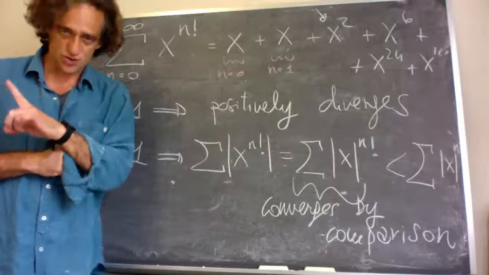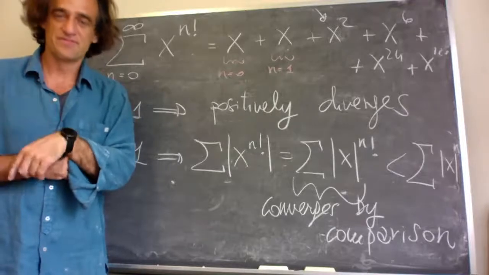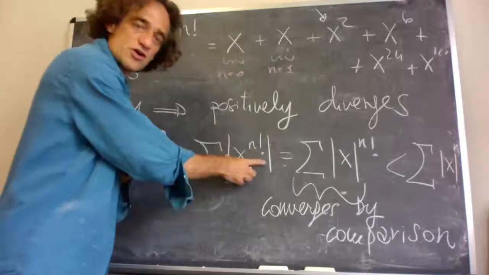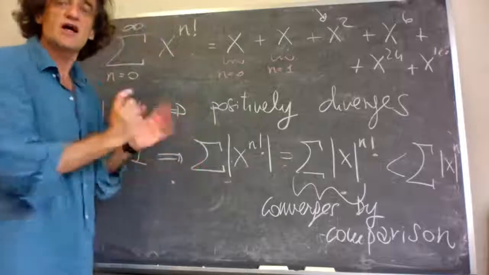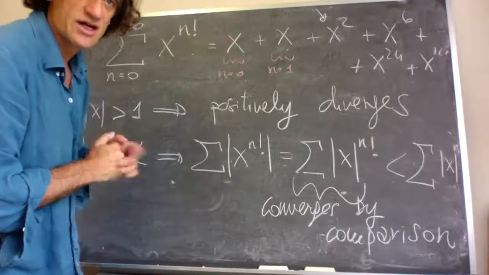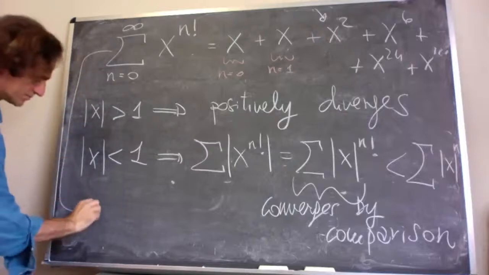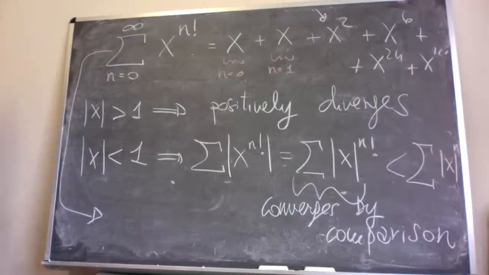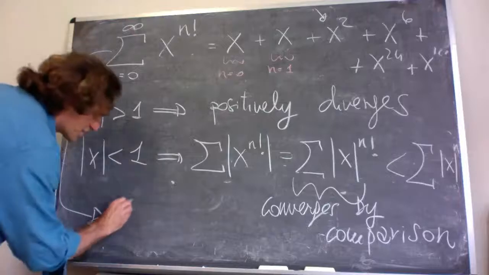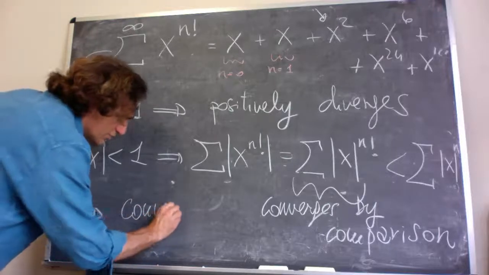The vice versa is not true. But if we have convergence of the series of the moduli, then we have a convergence of the series. Then here we have that our original series converges.